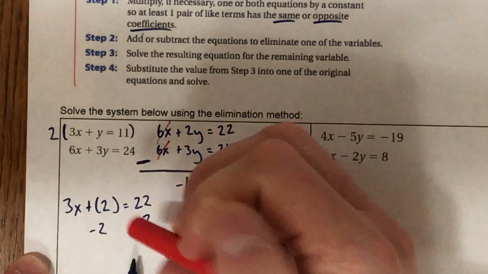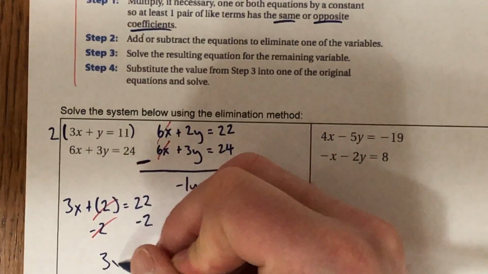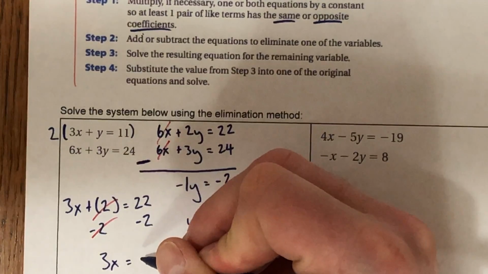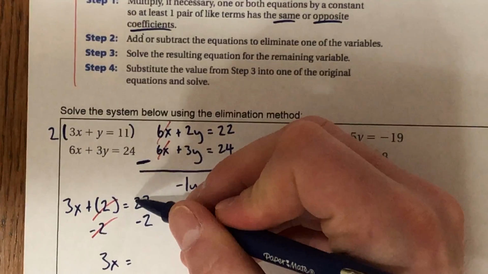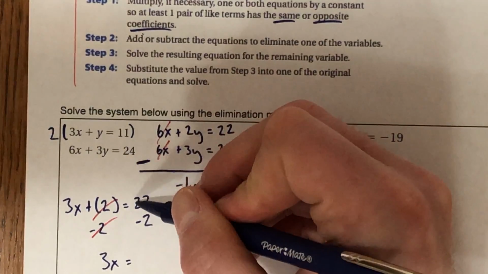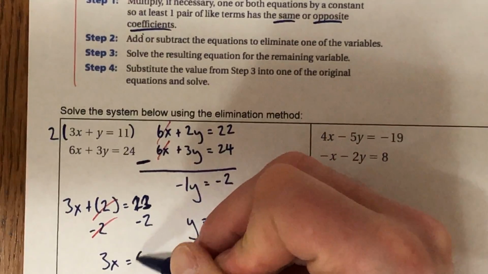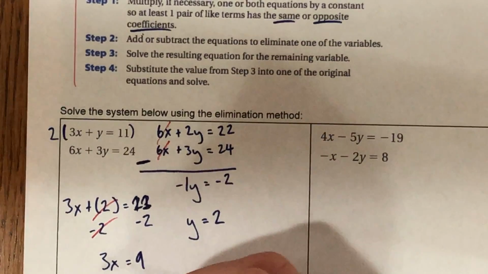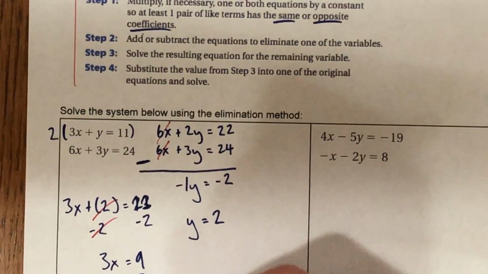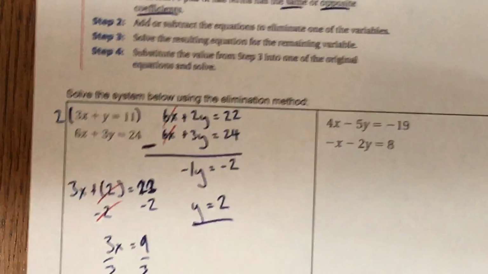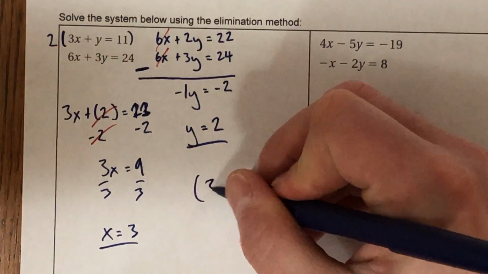Leaves me with 3x equals 11 minus 2, which is 9. Let's divide both sides by 3, and x is equal to 3. Boom, there's the other half of my solution. So my solution then is 3, 2.